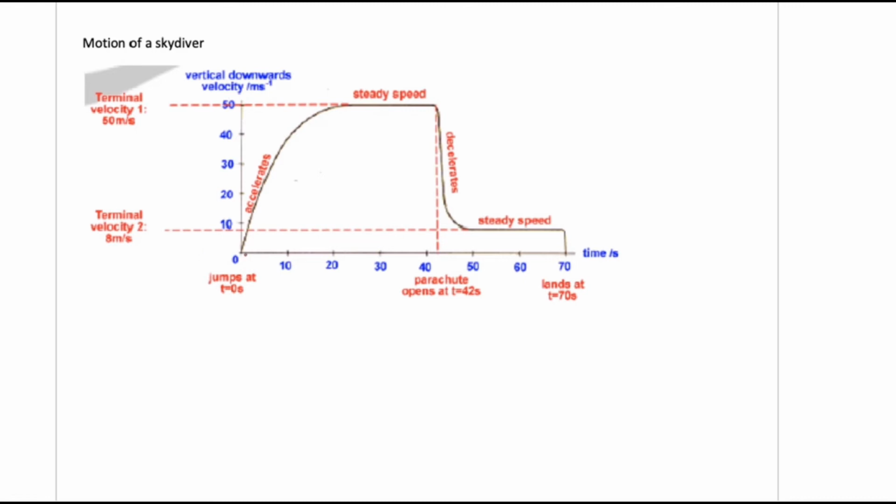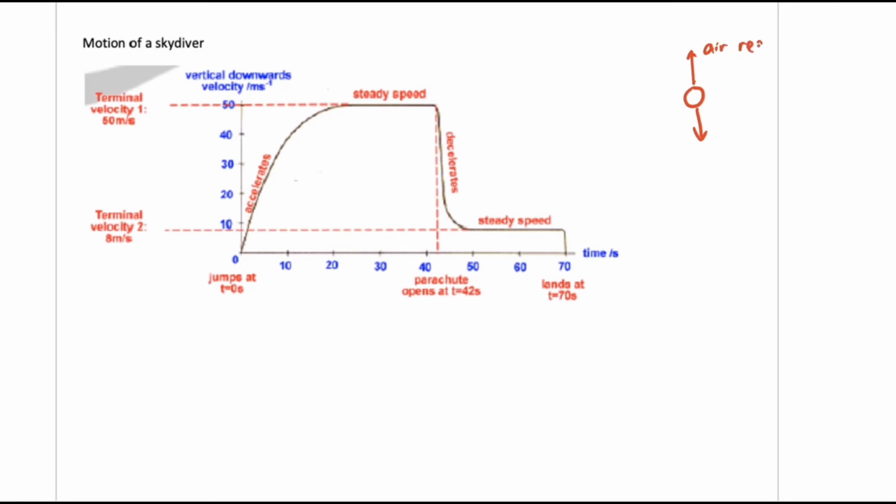First, when the person jumps down from the aeroplane, he accelerates. So that's why the graph is like that. But the person experiences air resistance.